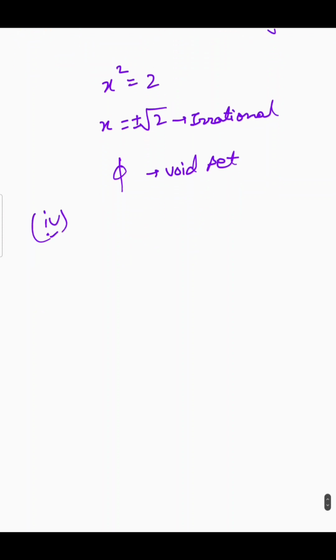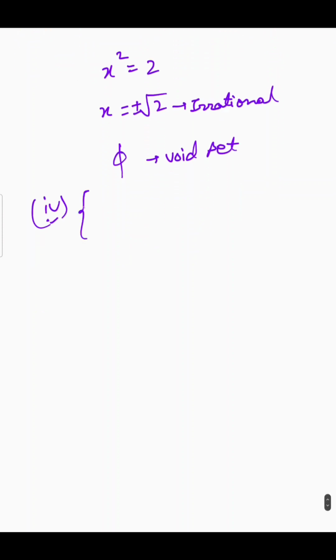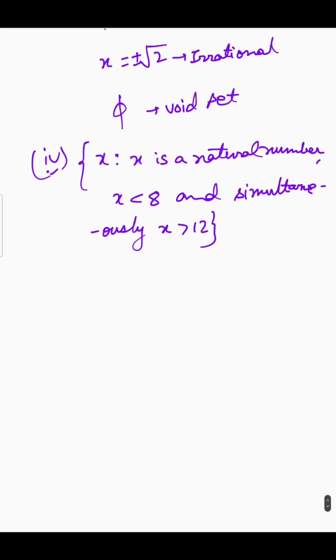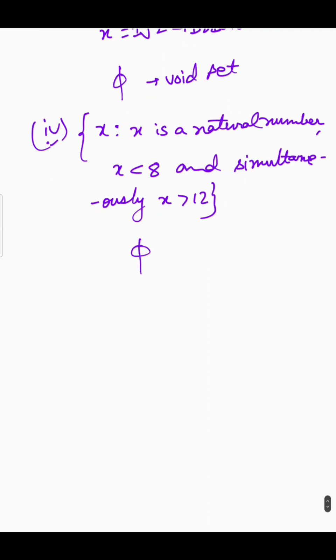Next, the set of all x such that x is a natural number, x less than 8 and simultaneously x greater than 12. Is it possible that x will be less than 8 and greater than 12? No. So it is empty.